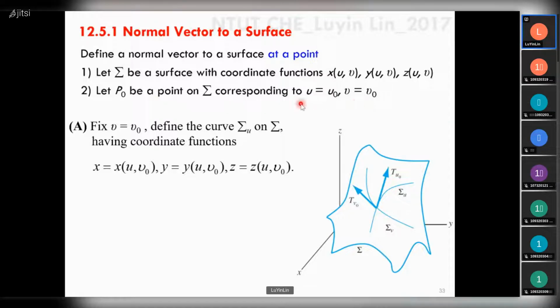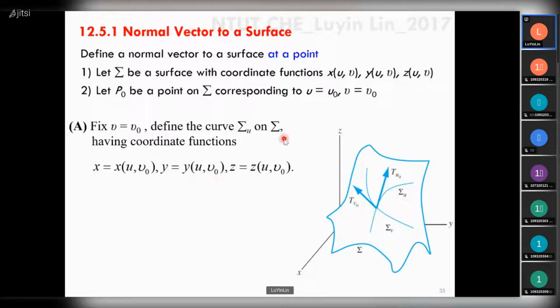If we have U and V, that means a two-dimensional shape like a surface. But if we have only one variable, it will be a curve. I will explain this in Chinese later, okay? But please try to understand now.